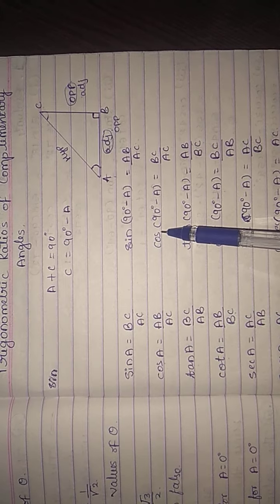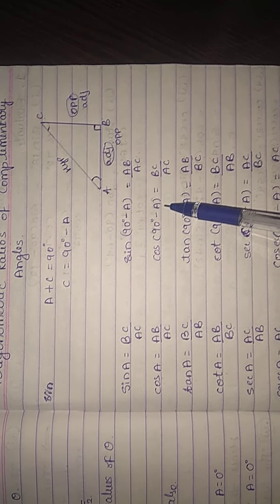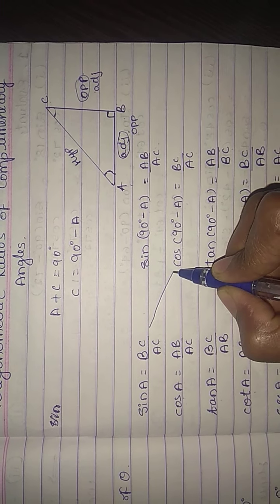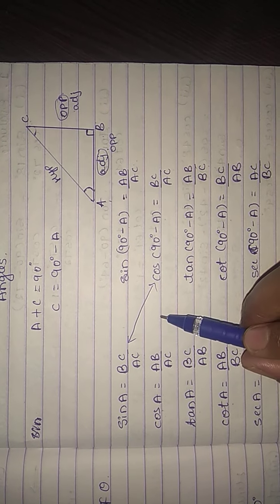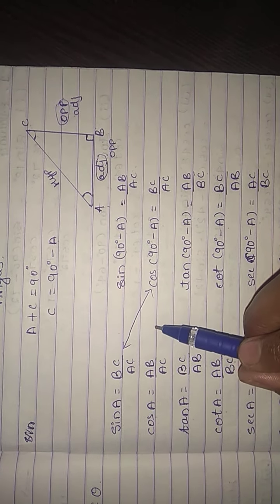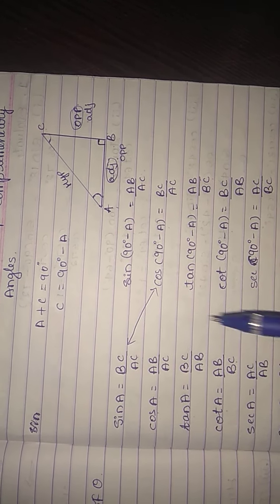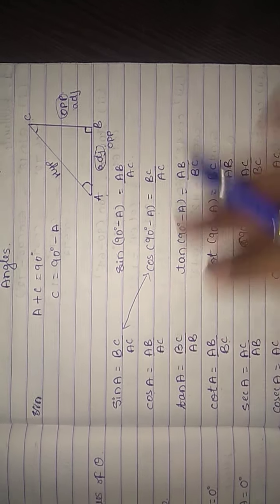Sin A is equal to cos 90 minus A. You can find some relationship between these two tables.